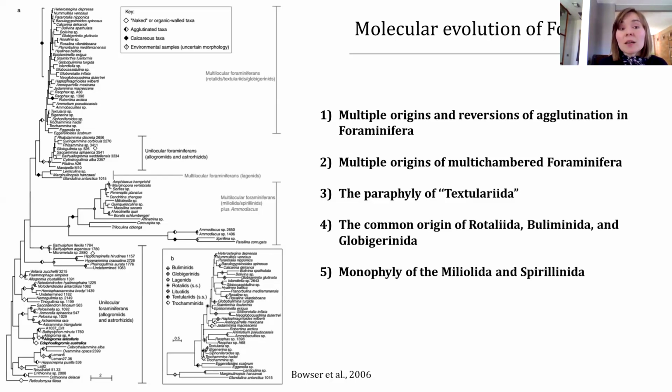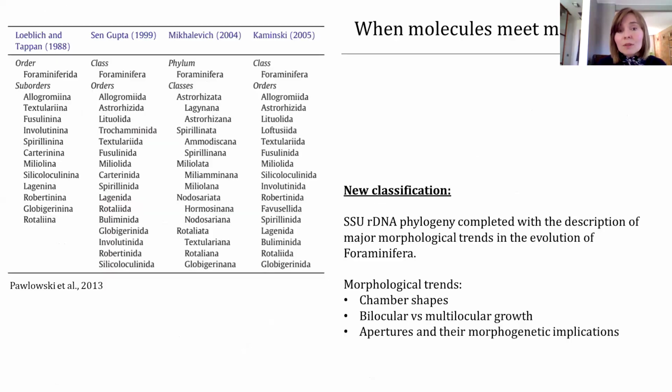So you may see that we have very detailed insight, based on genetics, into the evolution of the taxa. And we needed to wait a couple of years, but based on this data, a new classification of foraminifera was proposed.